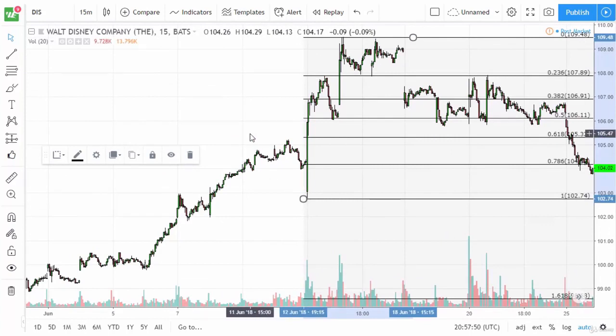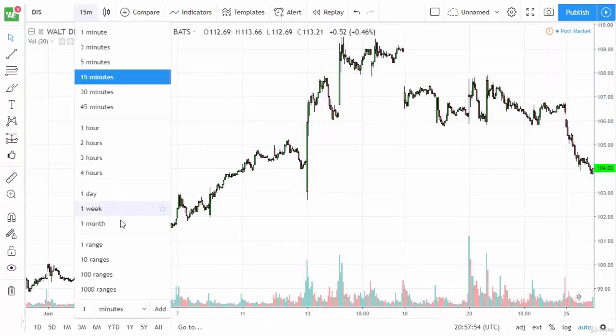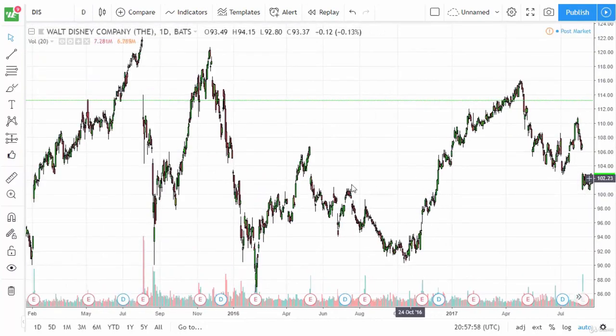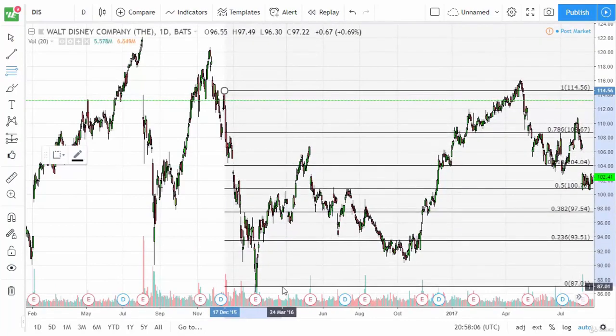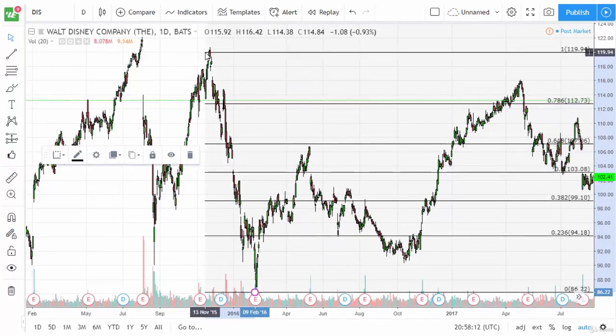Now, like with all things technical analysis related, higher time frames certainly mean much more. When I pull up a daily chart, this is a dead cat bounce. You could draw, let's see, it started basically from here, so you could draw this, and it started from here.